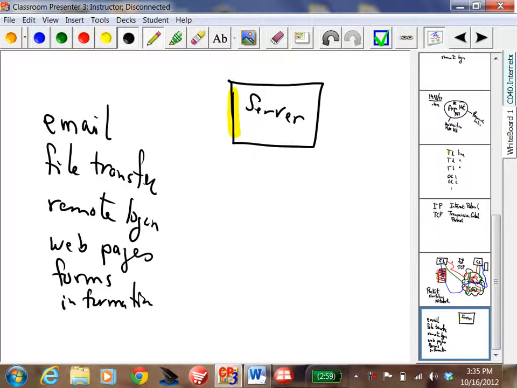Now, each server, okay, so now there's a server machine, okay, and the server machine runs a server program. And the server program usually will handle all these different protocols.